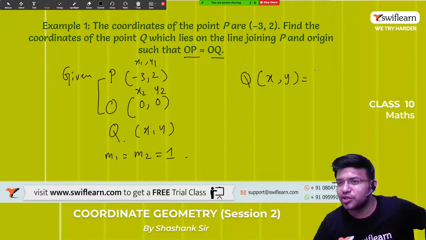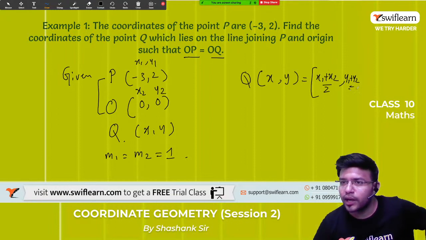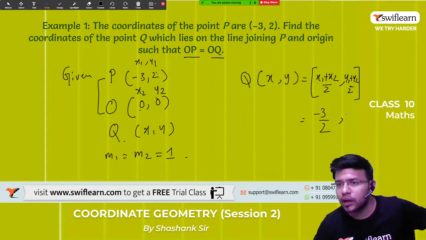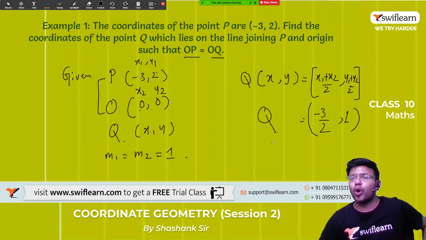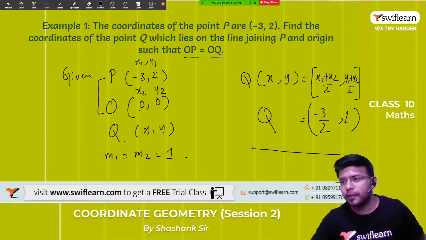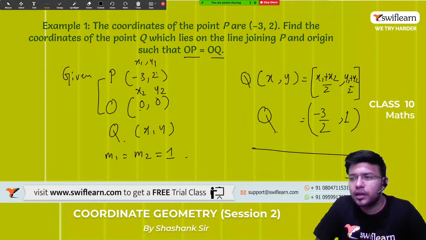Q(x, y) is equal to x1 plus x2 by 2 comma y1 plus y2 by 2. Okay, how much is x1? x1 is minus 3. How much is x2? 0. So minus 3 by 2 comma y1 is 2, y2 is 0. So 2 divided by 2 is 1. So these are the coordinates of point Q. Understood? Yes. Any doubts in this?